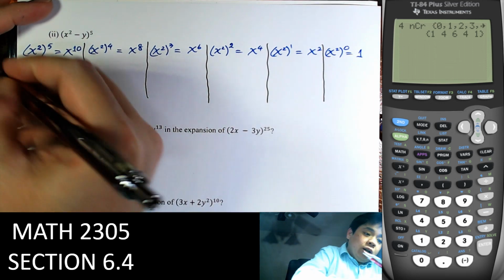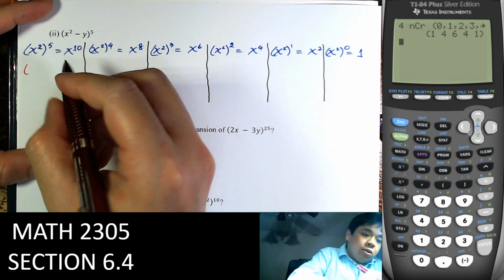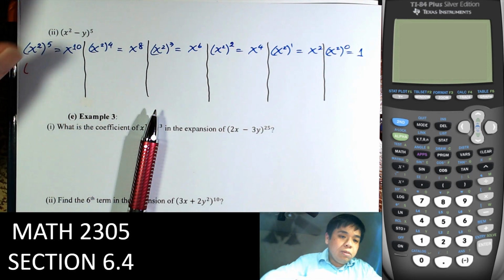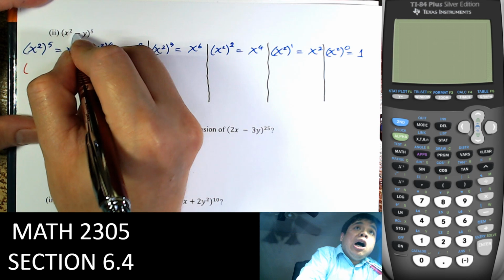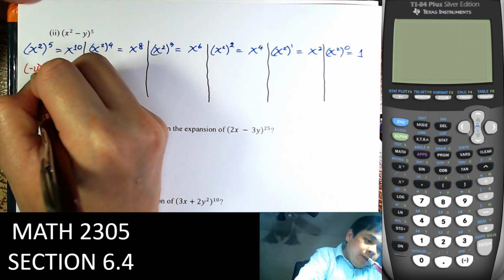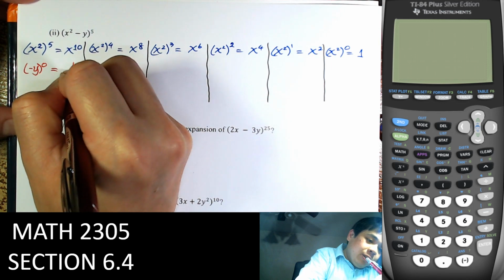Decreasing power. The second term, if this is minus, the minus will go with the second term, and it's increasing power.